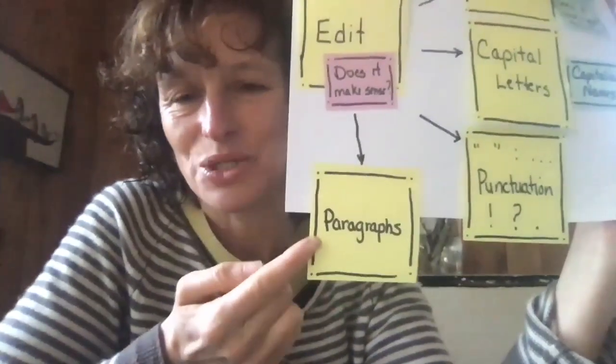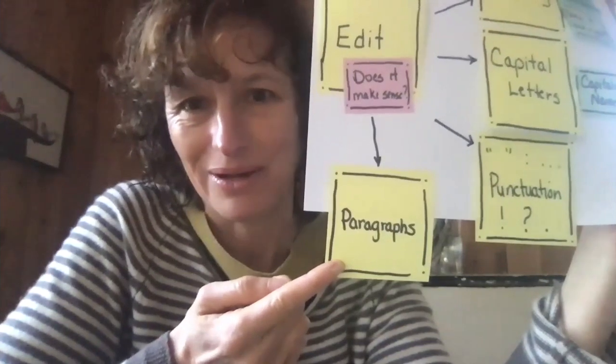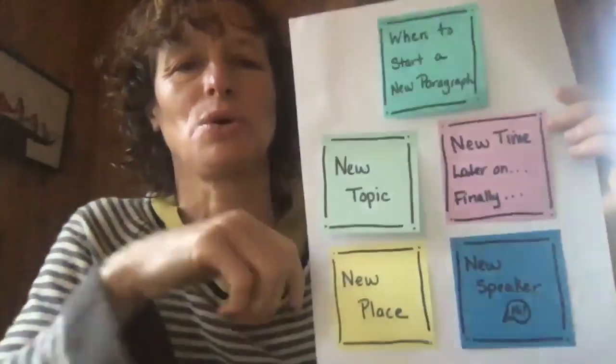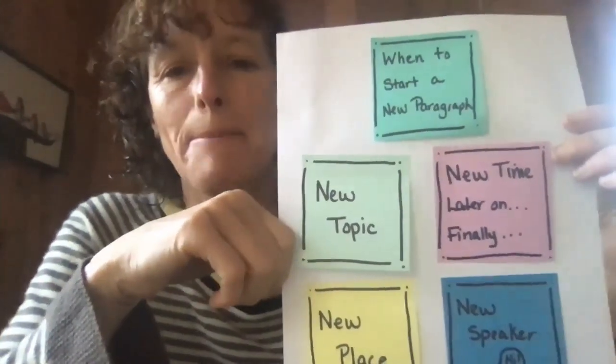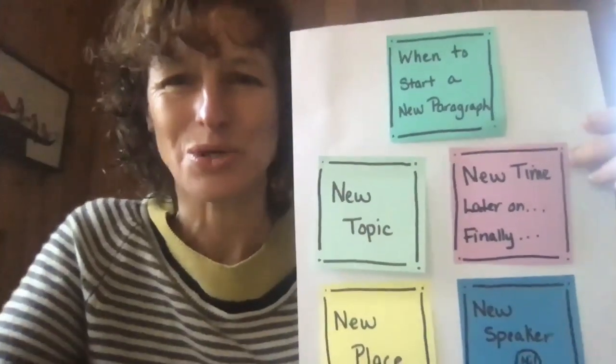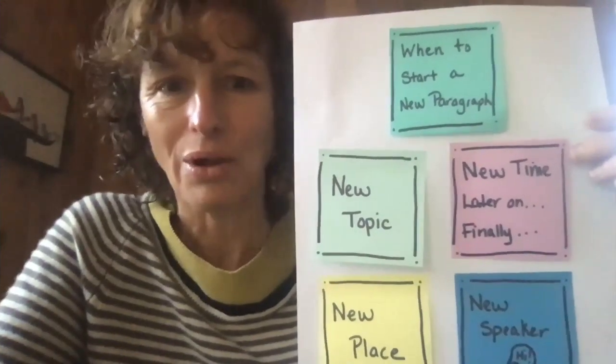Today, I'm going to teach you how to reread your writing for paragraphing. Okay, and so I made this colorful chart, and the colors have a purpose. So I'll show you in a minute when I show you my writing. But when we start a new paragraph, right, we got to figure out when to start a new paragraph, when we write a letter or when we write a story, in all of our writing.